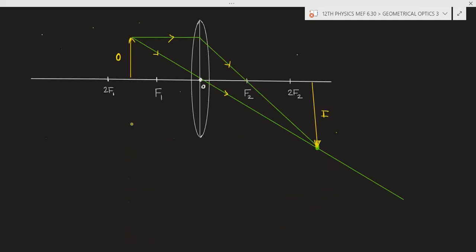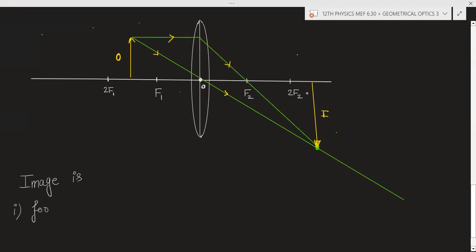So we can write the characteristics of image. Number 1, image is formed beyond 2F2.